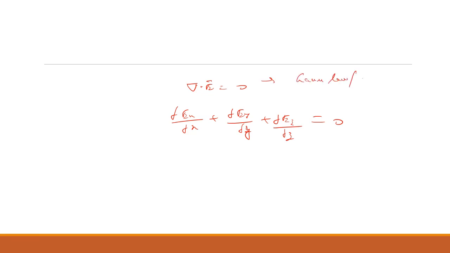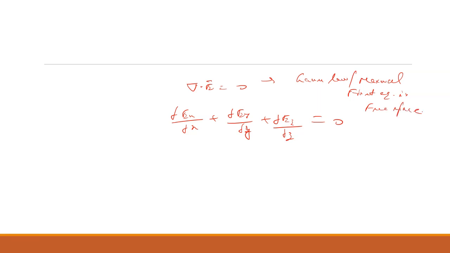Now from Gauss law, for free space, del dot E equals 0. That is, curly Ex by curly x plus curly Ey by curly y plus curly Ez by curly z equals 0. This is from Gauss law, Maxwell's first equation in free space, which I have already derived.